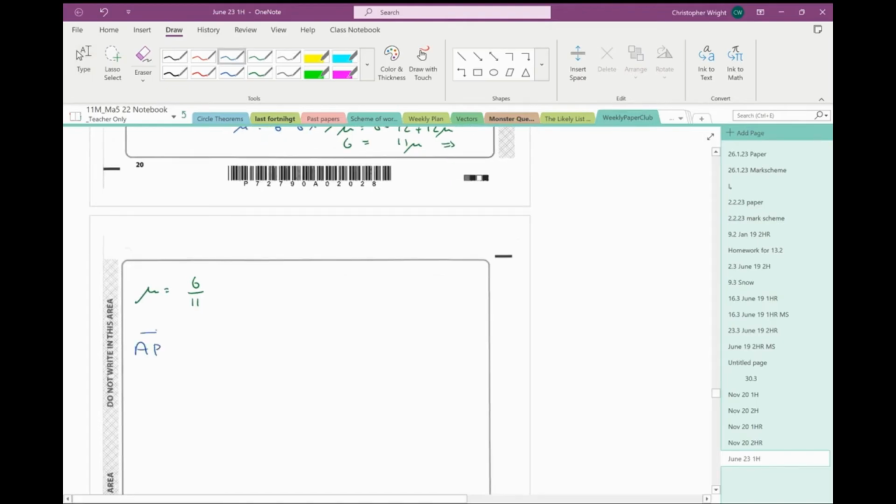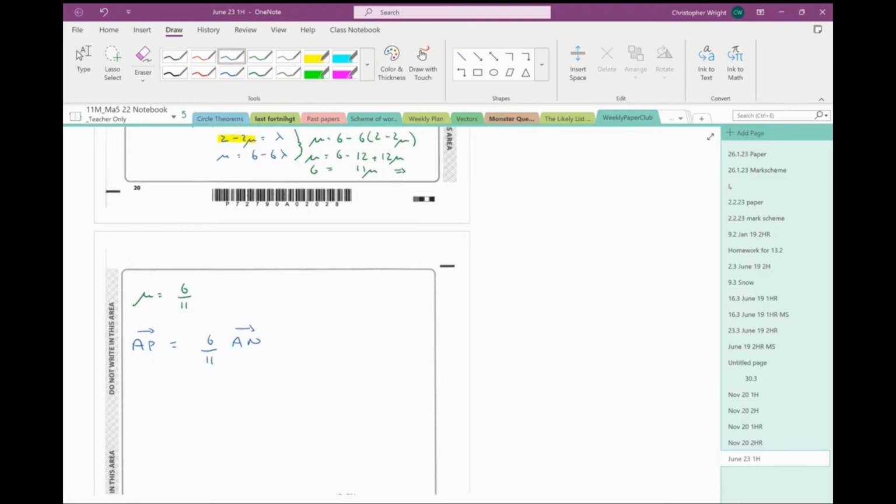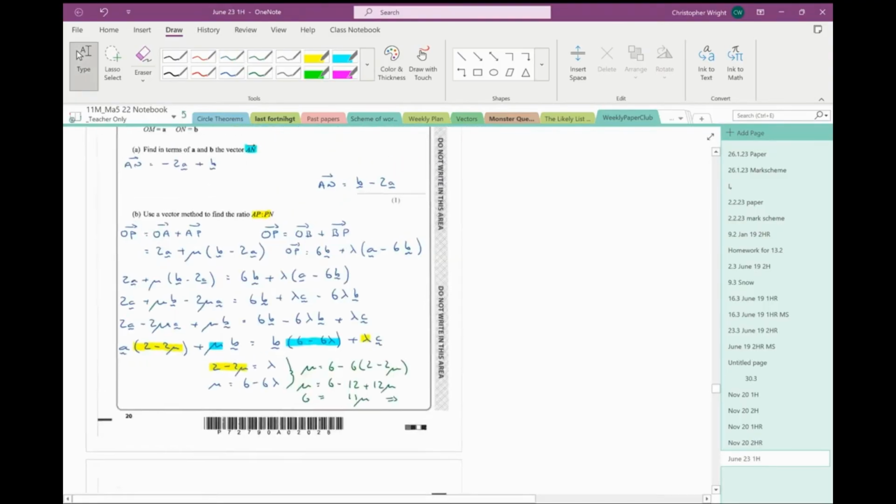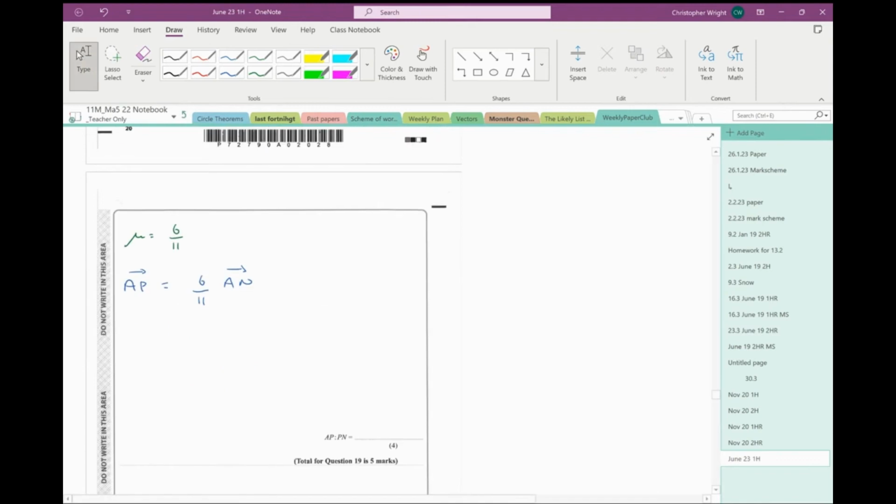So AP equals 6/11 of AN. Let's just have a look at this. So here is AN, looking like this.